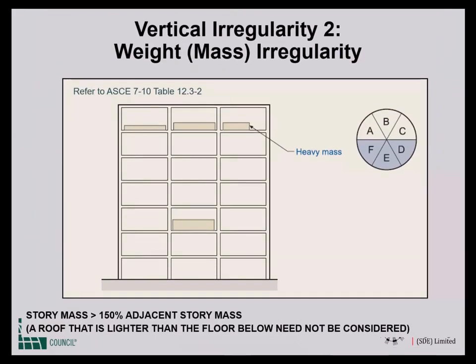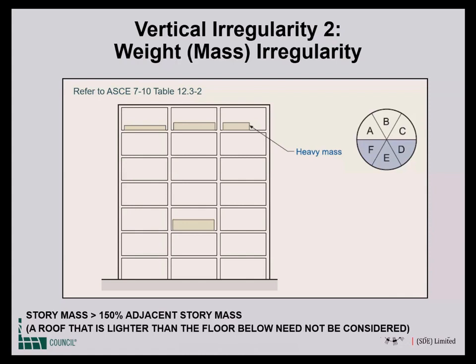The weight or mass irregularity. Story mass larger than 150% of adjacent story mass. Here, unlike in the case of diaphragm discontinuity irregularity, a roof that is lighter than the floor below need not be considered. So there is an exemption for the roof.